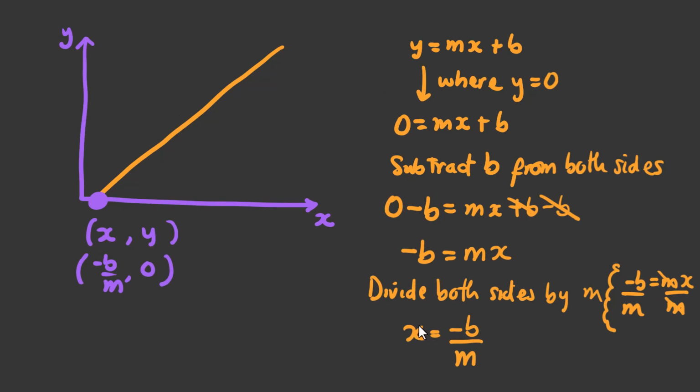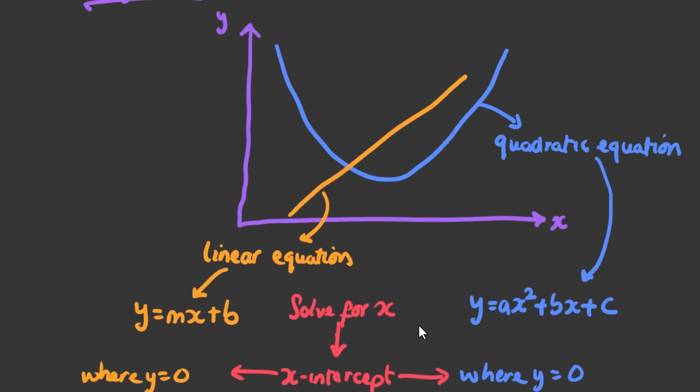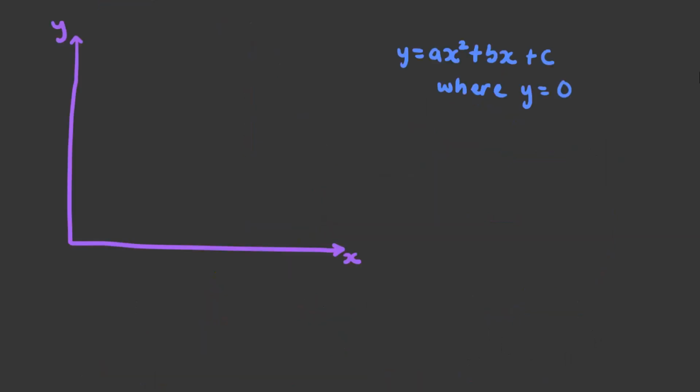Now the other part we're going to look at is the quadratic equation and its solution. When we're given this equation and we say that y is equal to 0, our new equation is ax squared plus bx plus c equals 0.